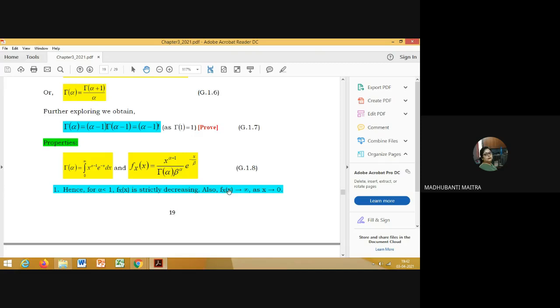Also, please check this property: the density function fx will tend towards infinity as x tends to 0. Is it true? And if it's true, then why is it true?